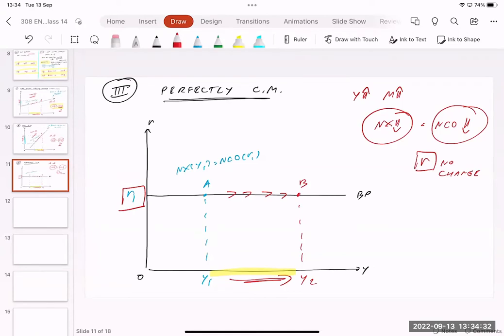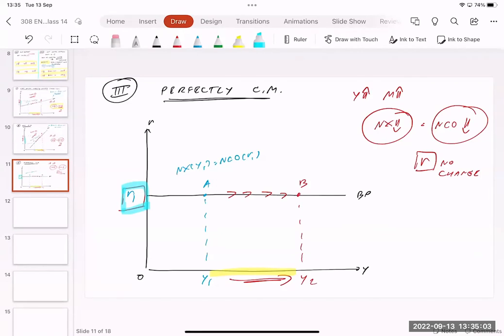You don't need to increase the real interest rate in order to make the capital flow in. The capital gonna flow in by itself because there are no restrictions. The money can freely flow in and flow out. So that's why they have the horizontal curve like this, because you don't need to change the real interest rate. This is the case of perfect capital mobility.